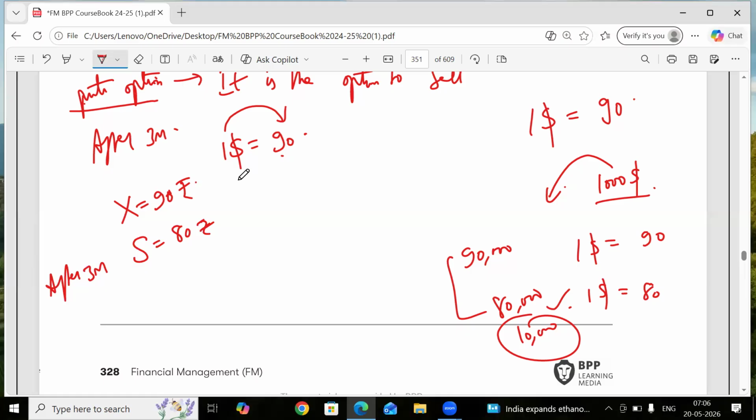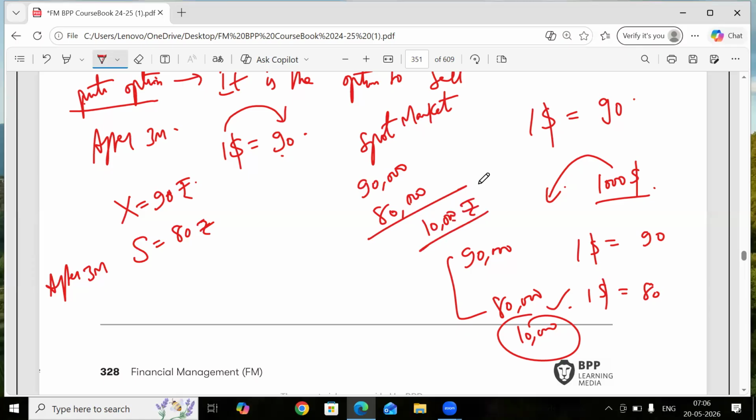So in spot market, dollar value has fallen. Okay. In spot market, the payment what you were supposed to receive, if you would have received 3 months back, you would have got 90,000. Today you're getting 80,000. In spot market, there's a loss of 10,000 rupees.